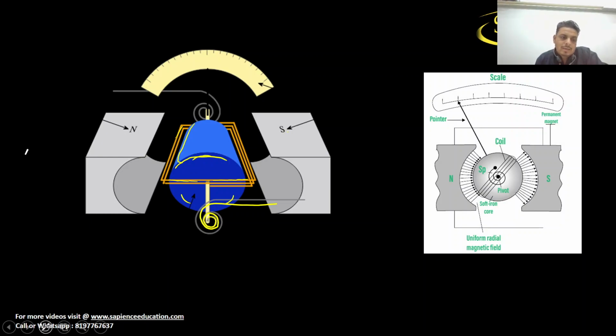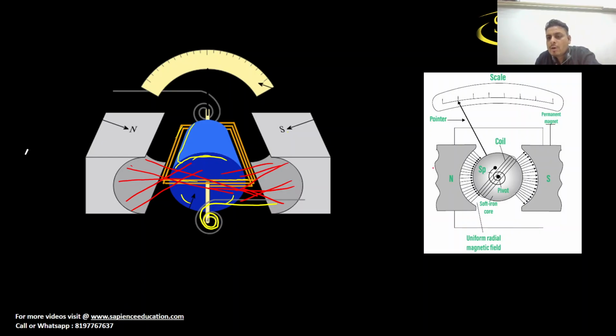Now you can see that the magnetic field with the coil will always be radial. Magnetic field is radial like this, radial like this. So the magnetic field is not a straight line, it is like a radius.